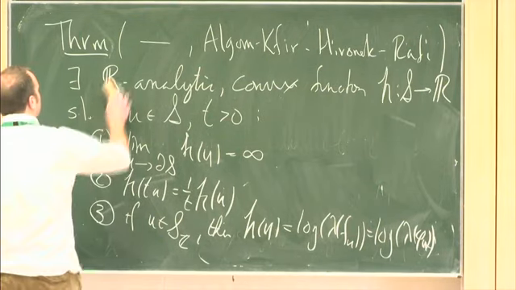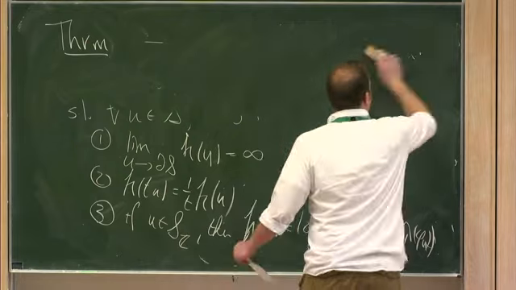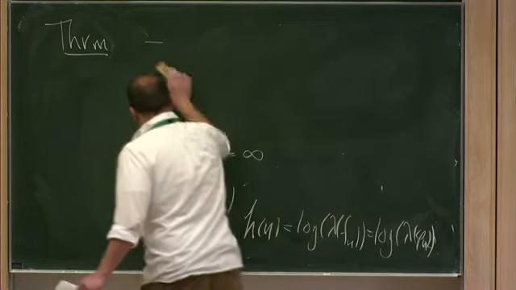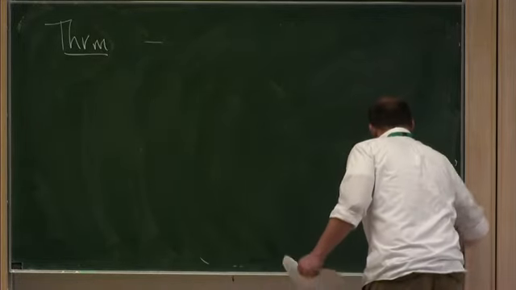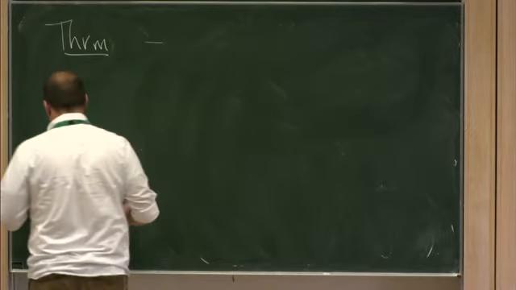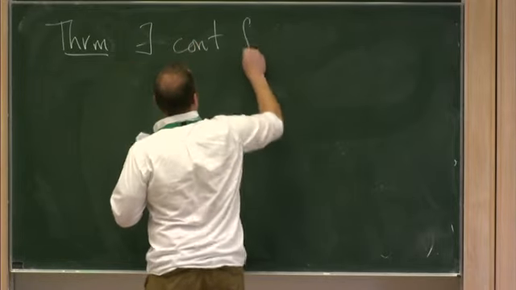So the theorem is that all those metrics actually fit together in a nice way, similar to the way that the stretch factors fit together. So there exists a continuous function.